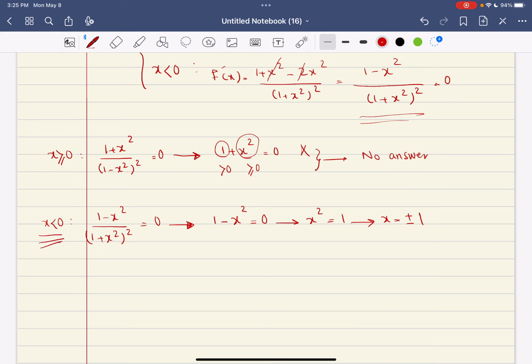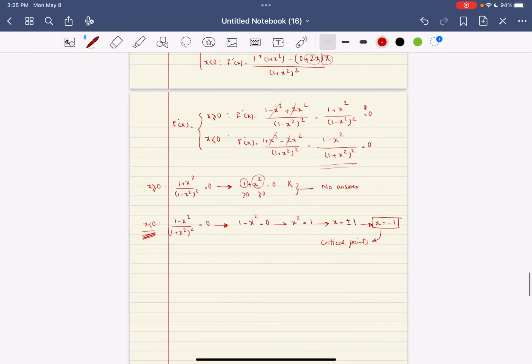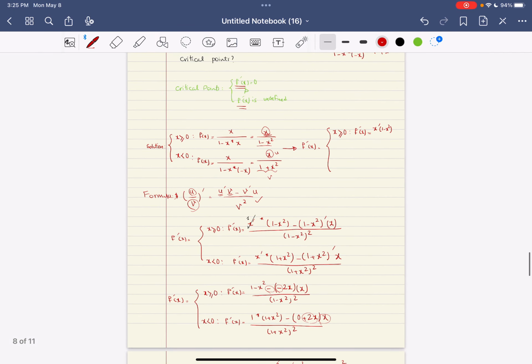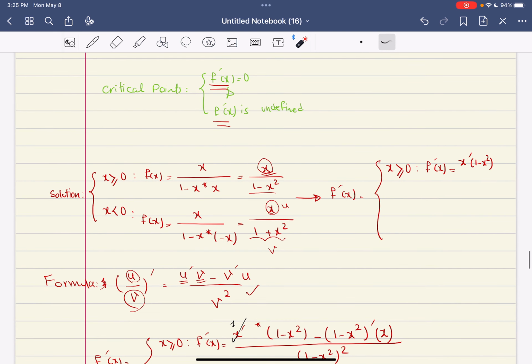Your x's are negative initially, so the answer would be only negative 1. You are pretty sure that one of your critical points is this. You found it out. Then let's go ahead and check the second part.